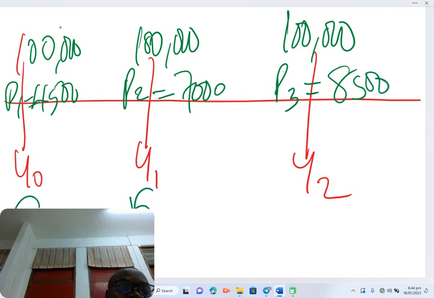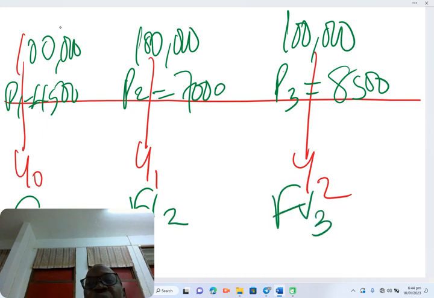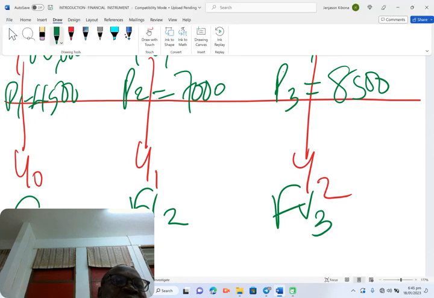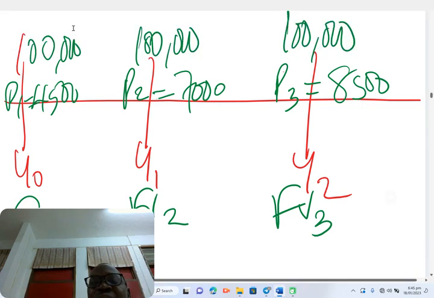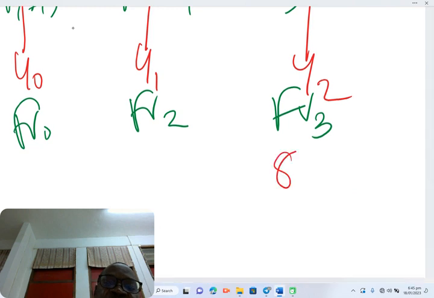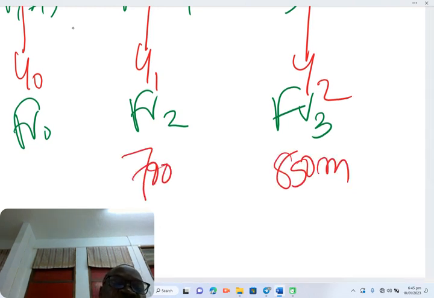Not fair value 2, fair value 3. Compute them. It is easy to go through. And you can do it. This is 85 million, 7 million, and this is 455 million.